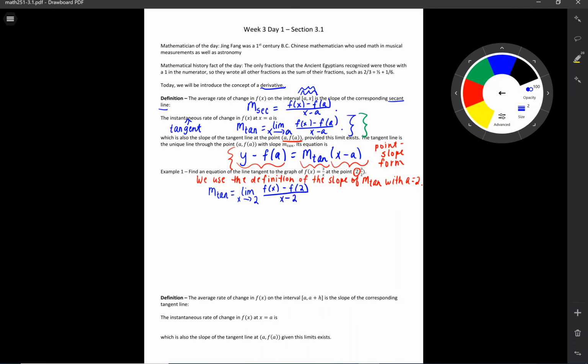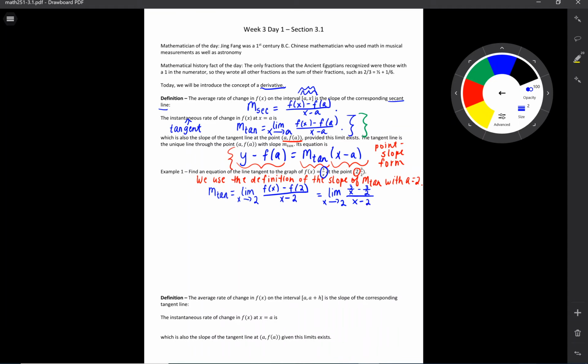So we plugged in x equals 2 here, since that is where we are trying to find the tangent line. And I know that f of 2, if I were to plug in the value x equals 2 into this guy right here, I get 3/2. So this is equal to the limit as x approaches 2. F of x here is 3 over x. So I have 3 over x minus 3 over 2 over x minus 2.